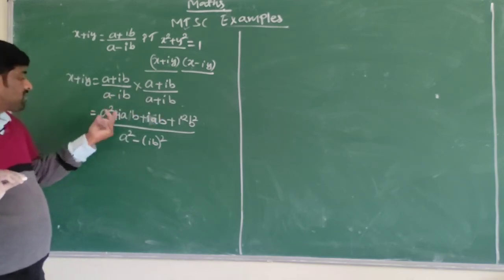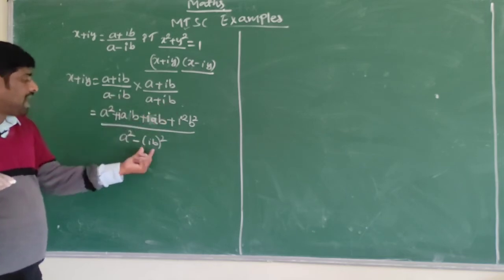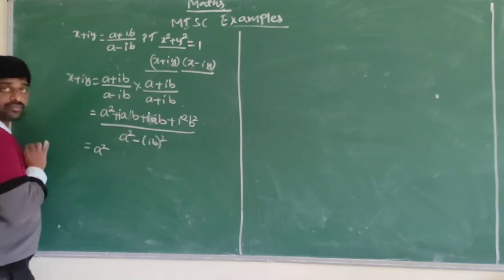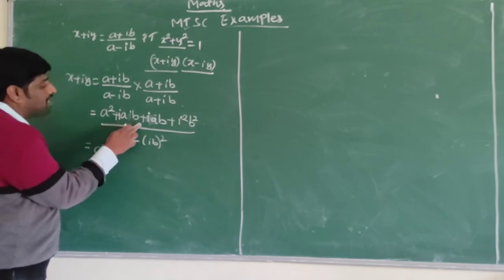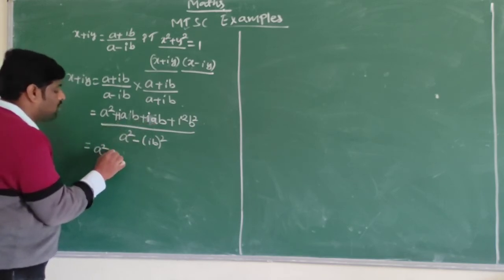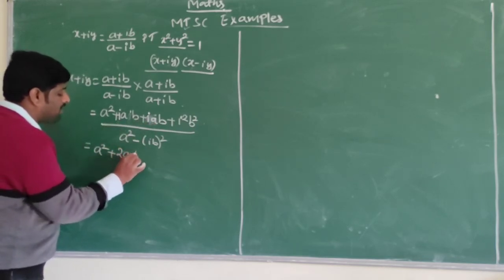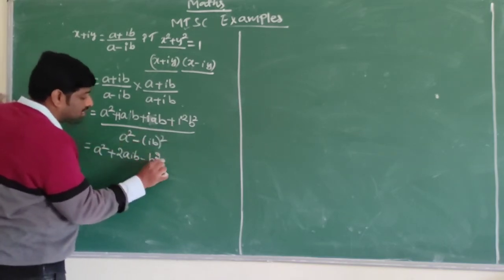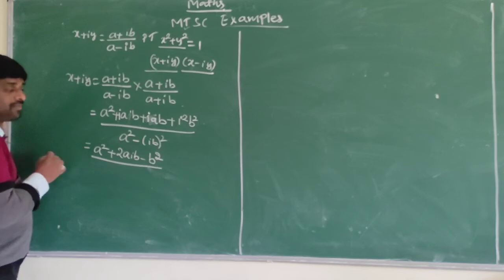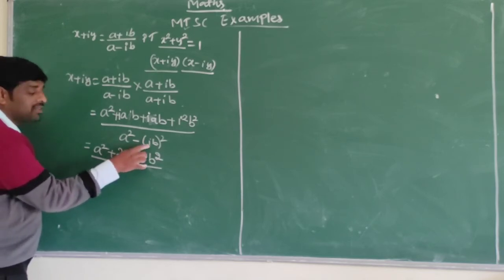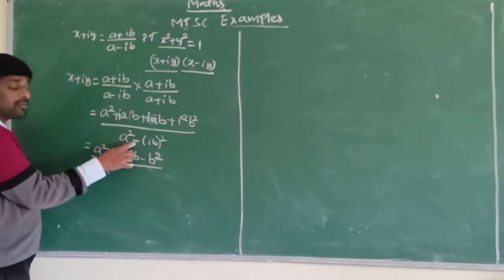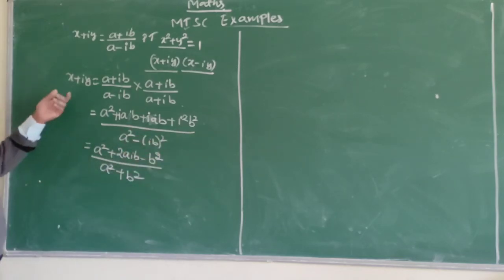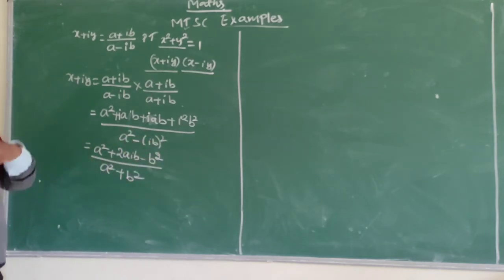So a square plus 2aib, and i square is minus 1, so minus b square, divided by a square, minus into minus is plus, a square plus b square. This is the x plus iy value.